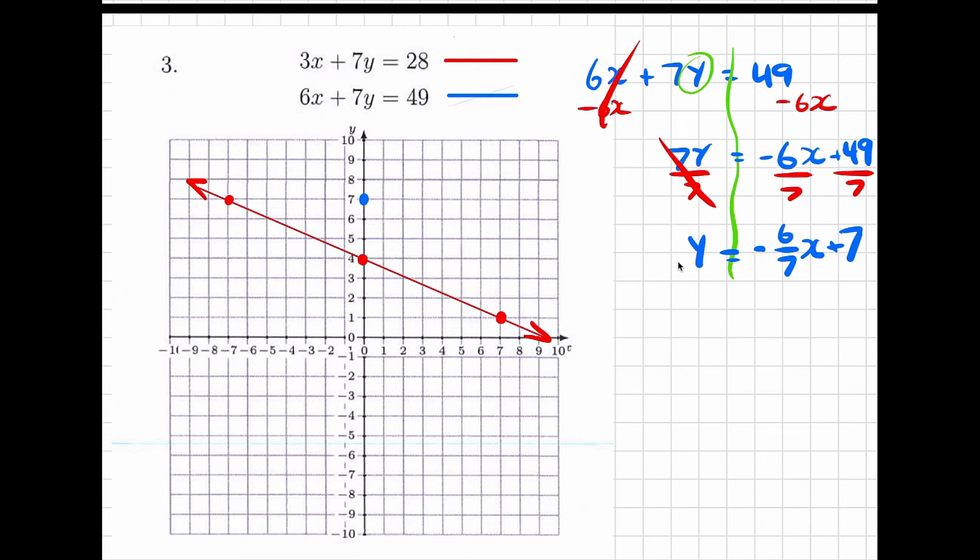What are the different slopes that I have? Well, it's negative 6 over 7 or positive 6 over negative 7. So let's do the first one. It says go down 6 and then go right 7. So 1, 2, 3, 4, 5, 6, and 1, 2, 3, 4, 5, 6, 7.